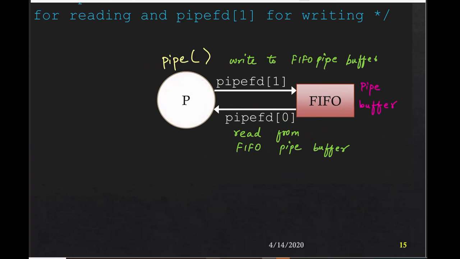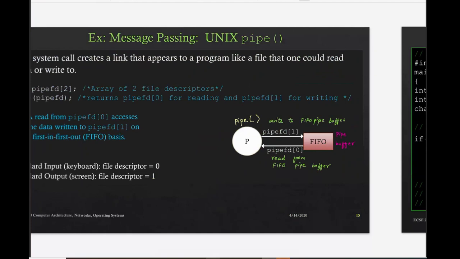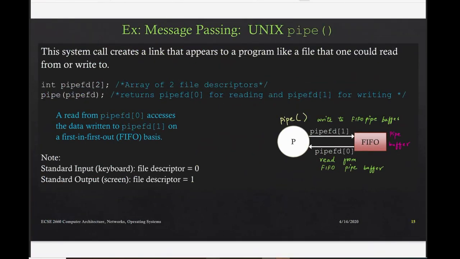So process P is going to use these two file descriptors to pass information to that pipe buffer. But again, there's no communication because there's just one process. We need to have another process in the conversation.